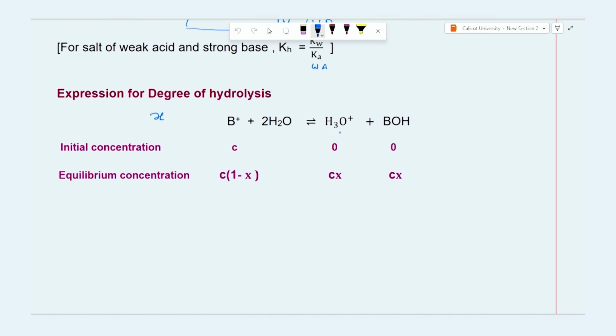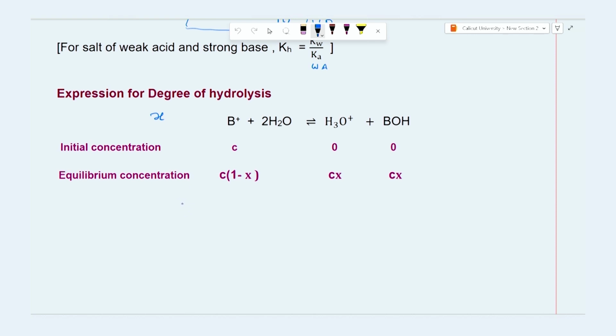And since the degree of hydrolysis is x, 1 mole can give 1 mole of H3O plus and 1 mole of BOH. x moles are dissociated out of 1 mole, so for 1 mole it will be x and x, and for C moles it is Cx and Cx.